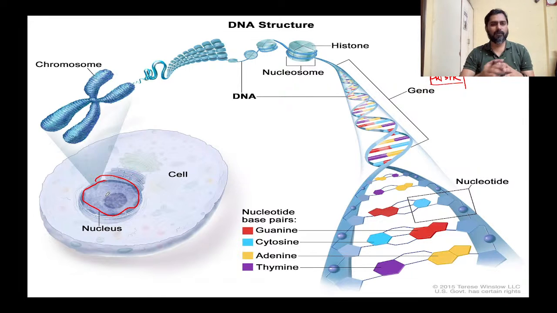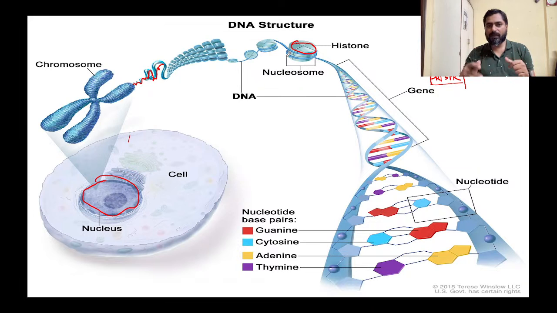Inside the chromosomes, if you open that chromosome up, can you see this? There is a thread-like structure. These thread-like structures are wound on something called histone protein. So these tube-like structures are there, which are used for binding this DNA.